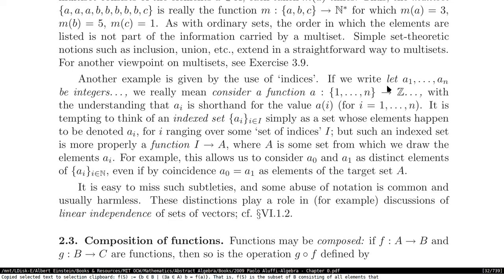If you have a1 till an as integers, what we're doing when we write this as a sequence is we're taking a function a of the natural numbers from 1 to n, and we're mapping them onto the integers. So we associate each integer with one of these numbers, 1, 2, and you go on, and then you have the sequence.